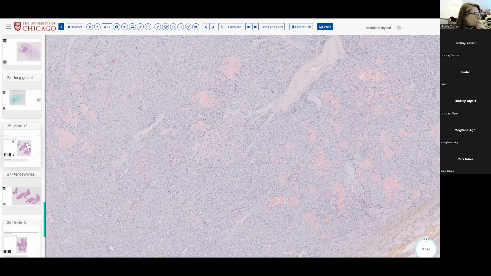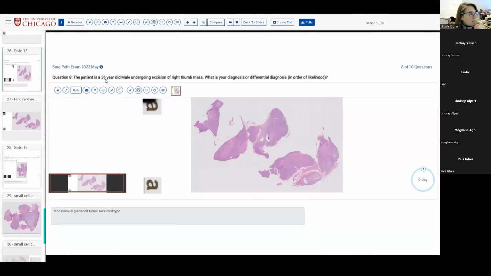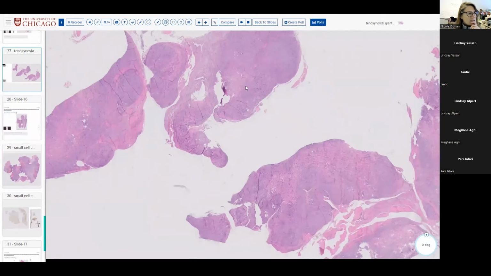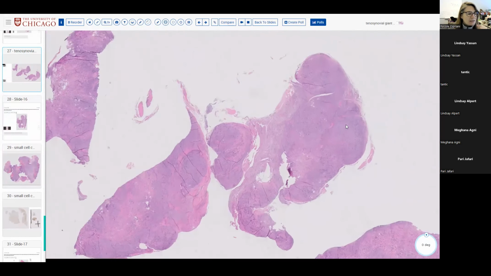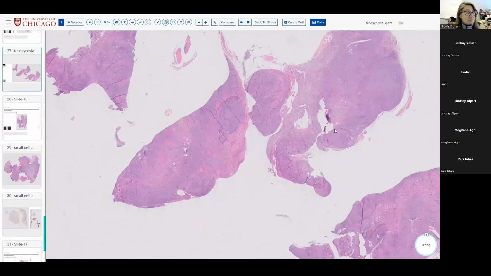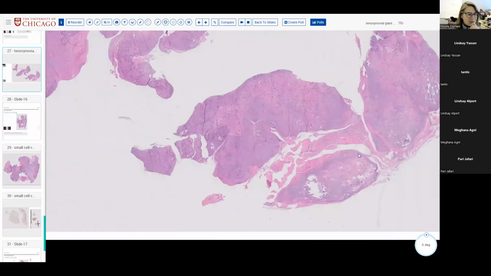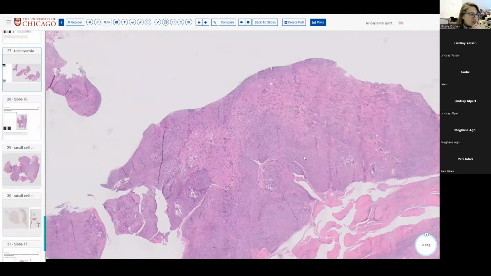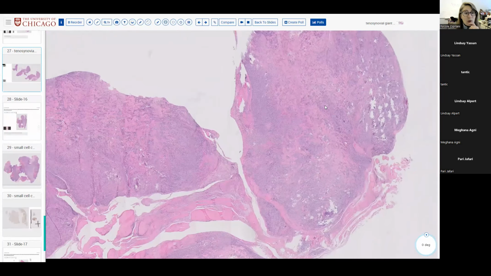Okay, and then the other one was a BST case, which is a male with excision of thumb mass. You can see that it's multilobulated, or at least serially sectioned, giving the appearance of multiple lobules. Generally, this tumor can be seen in small joints of fingers.